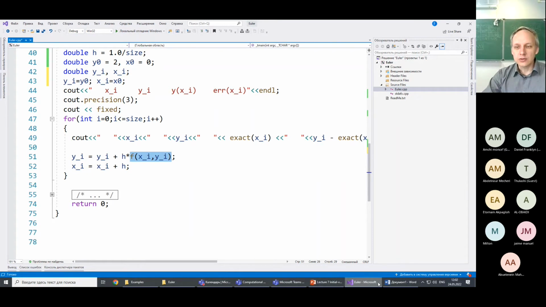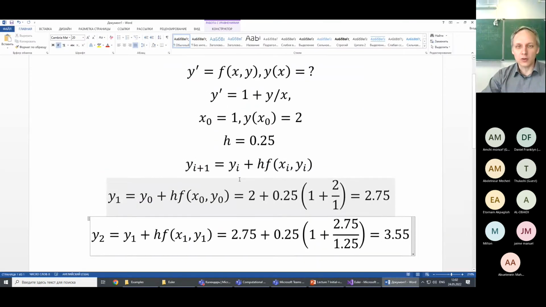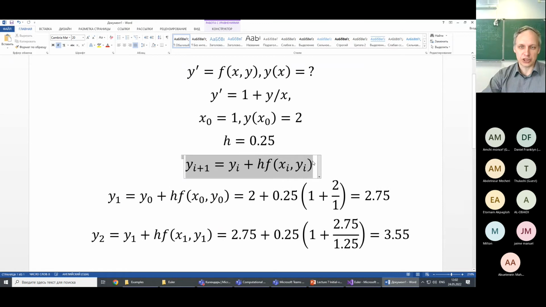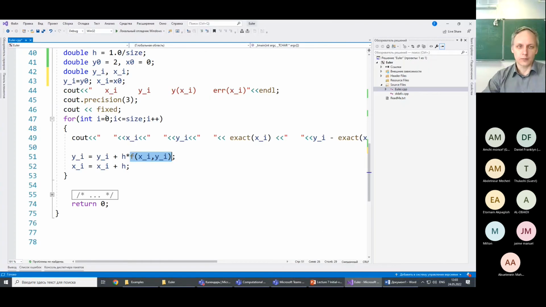So as you see, I exactly follow this notation: yi plus 1 equals yi plus h times f of xi, yi. And the new value of x is xi plus h.